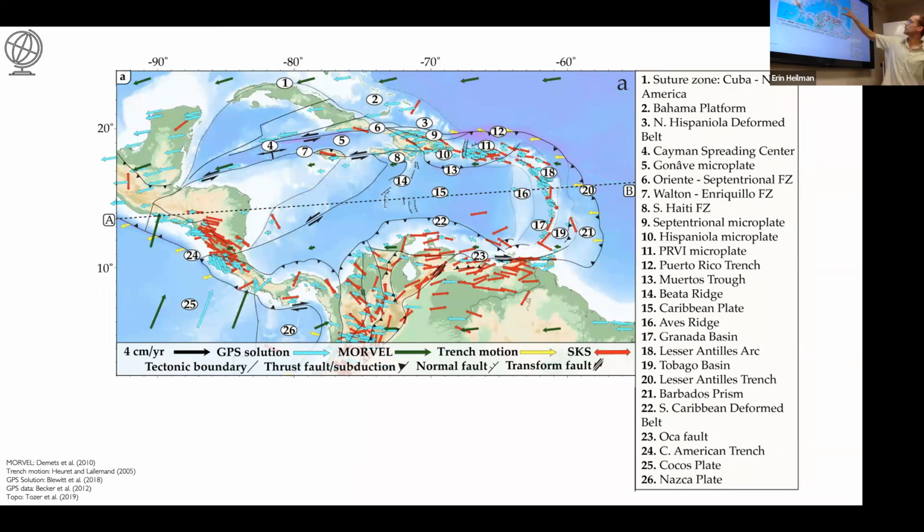These green arrows are going to be the MORVEL kind of global plate model, showing the convergence between North America and the Caribbean plate, with a fixed Caribbean plate, effectively a fixed Caribbean plate, really. Yellow is going to show the trench motion of the Lesser Antilles, and then the SKS isn't really important within the scope of this talk, but that's going to give a good proxy for kind of mantle flow.